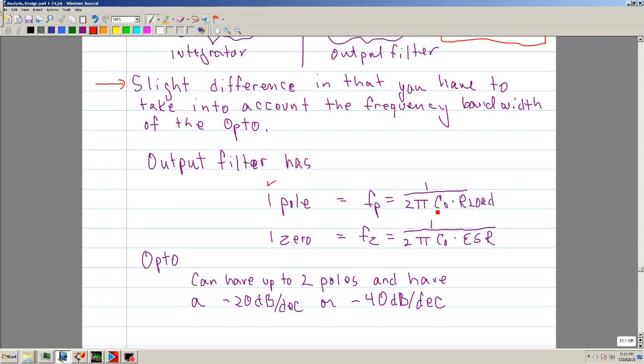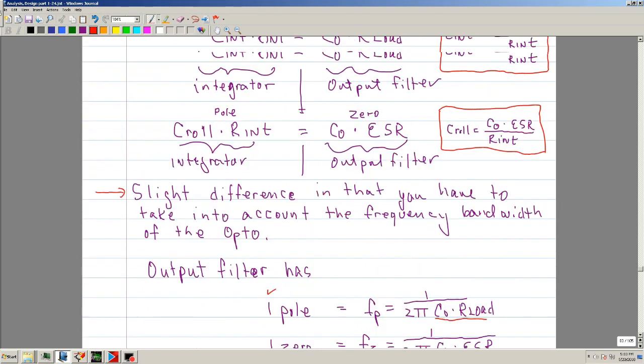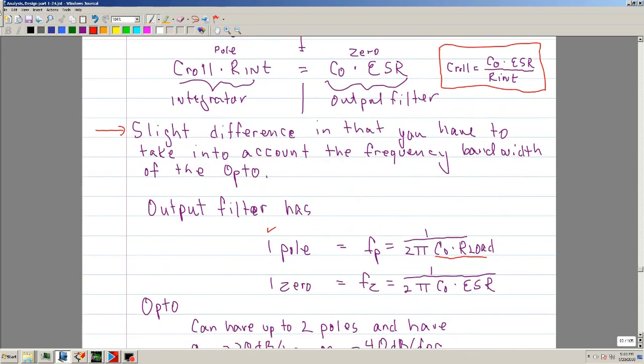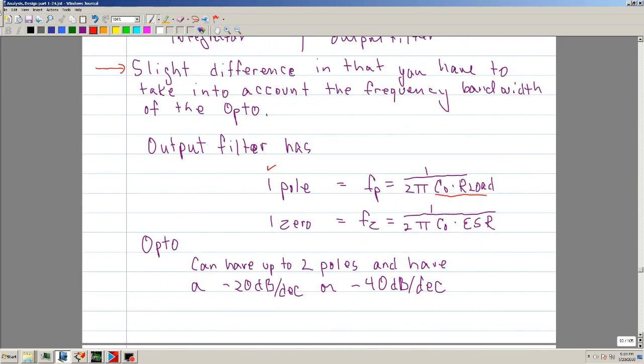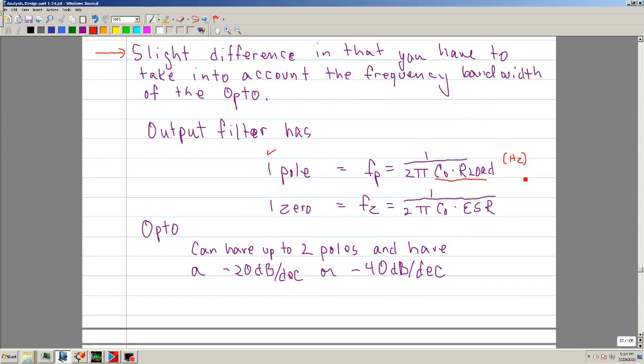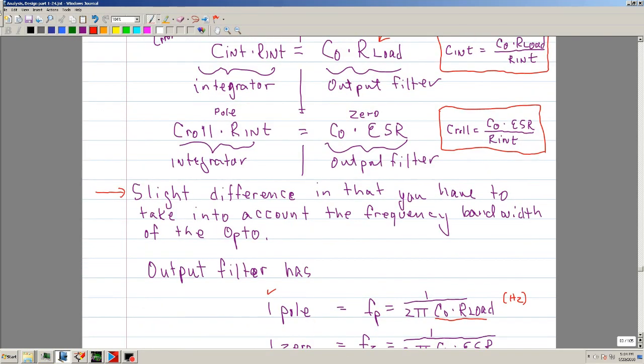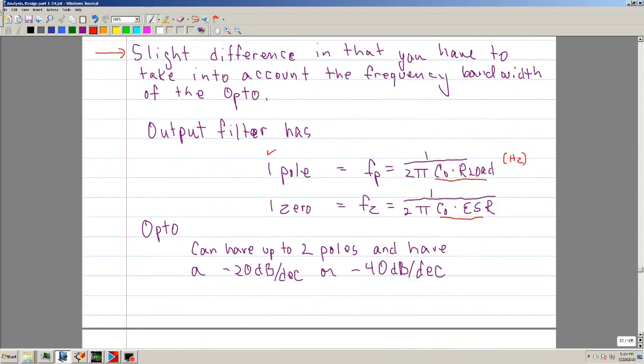Remember, this is the pole. If you put it in this format, it gives you the frequency in units of hertz. And this looks familiar again. It's this here.